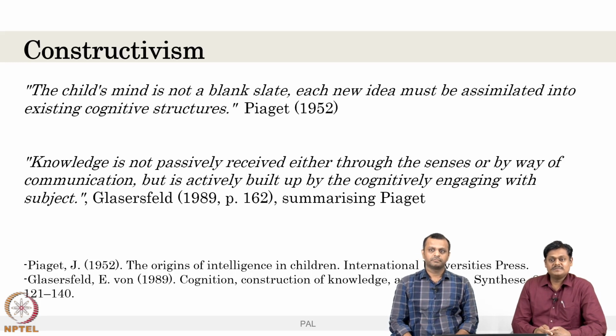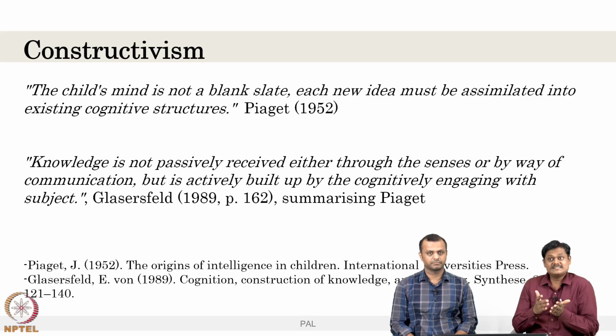Each new idea must be assimilated into existing cognitive structures. So Piaget is saying that there is some existing knowledge structure, and on the basis of that, new knowledge has to be built.